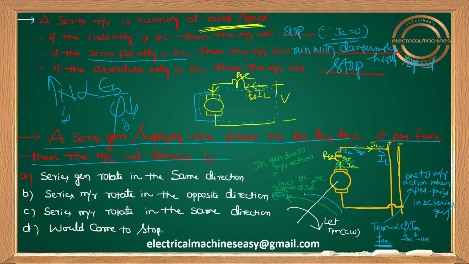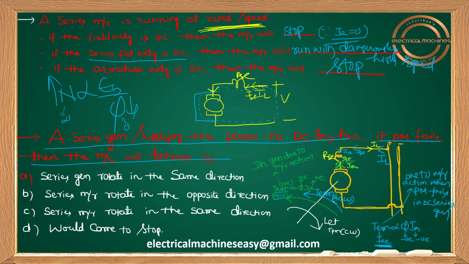The direction of torque due to motor action when the prime mover fails is in the same direction as the torque in the generator due to motor action. The blue electromagnetic torque and the green electromagnetic torque are in the same direction; previously I took it anti-clockwise, and now also it will be anti-clockwise.